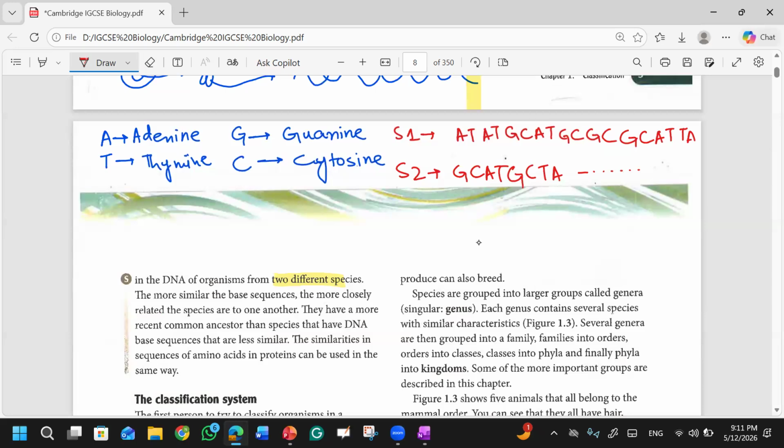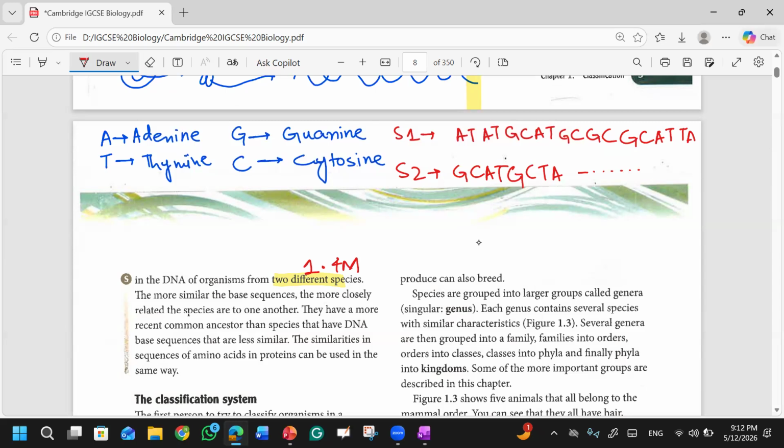Even though the base pairs are the same, that is why we have millions of species. We discussed in the first class that about 1.4 million species are explored till now, and many are unexplored. They don't know about them. Allah subhanahu wa ta'ala knows about all the things present on this planet, on the earth, and in the universe.